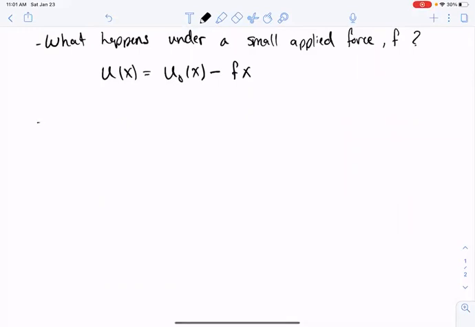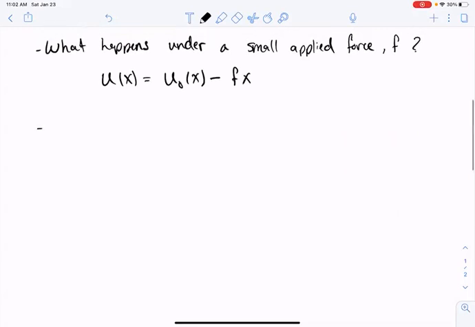So as before, we can write an expression for the partition function for this system in the presence of that force. Let's give it the name Q of f.